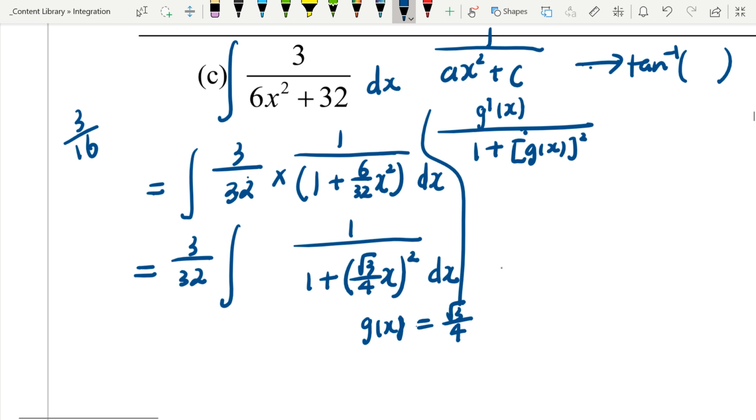What's g dash x? So I have figured out what's the gx, so what's g dash x? Root 3 over 4, right? So I put the root 3 over 4 here. So I must times 4 on root 3 as well to make it balance, like become 1.